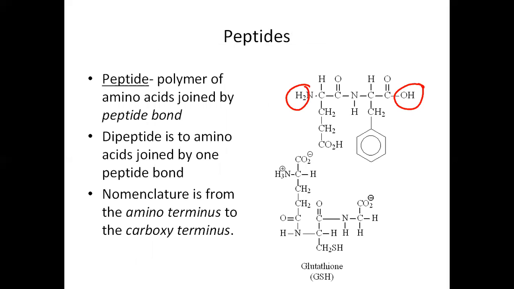Short polymers of amino acids are referred to as dipeptides, tripeptides, and so on. Dipeptide means that two amino acids are joined by one peptide bond. One of the biggest points of contention is when a peptide becomes a polypeptide or protein.